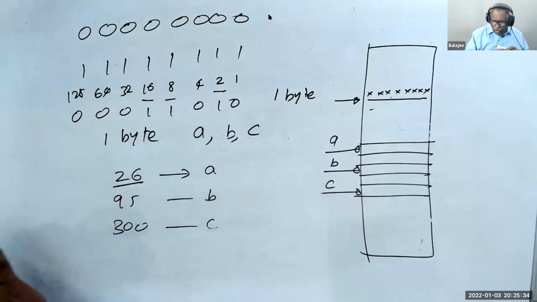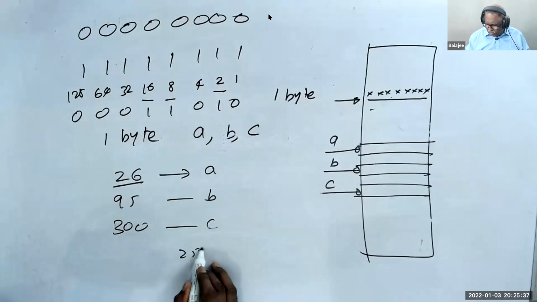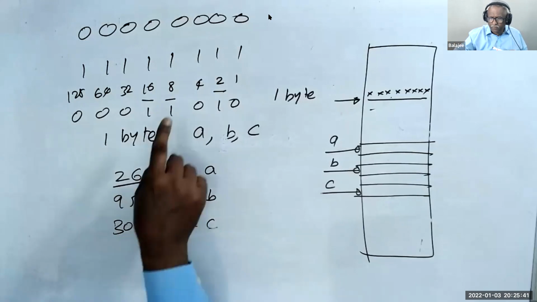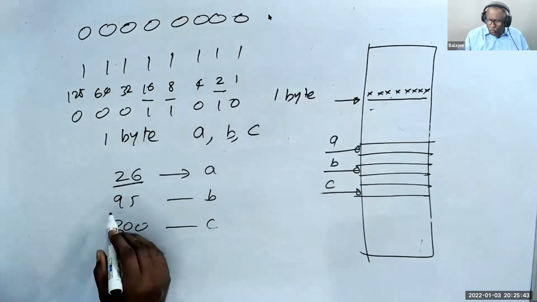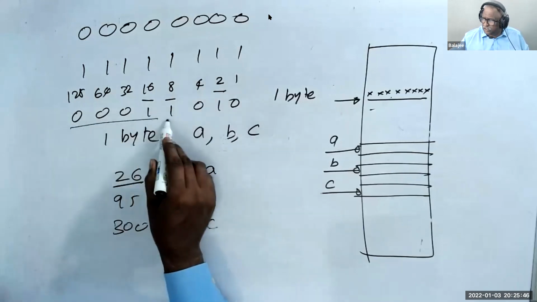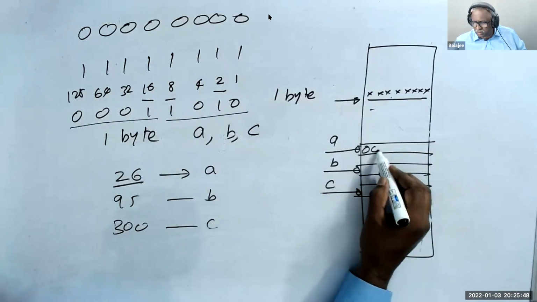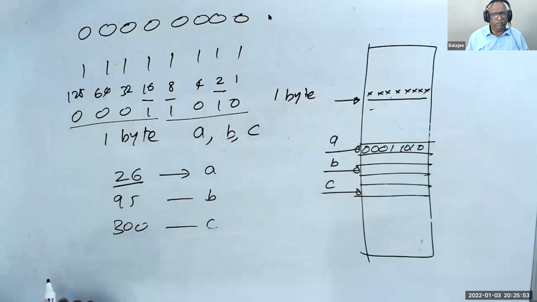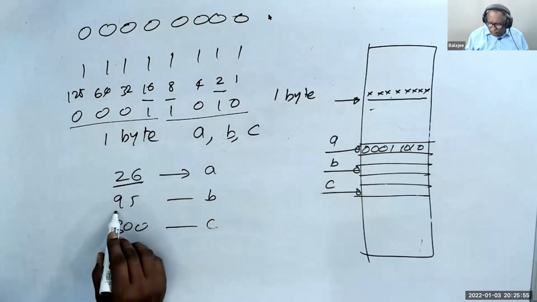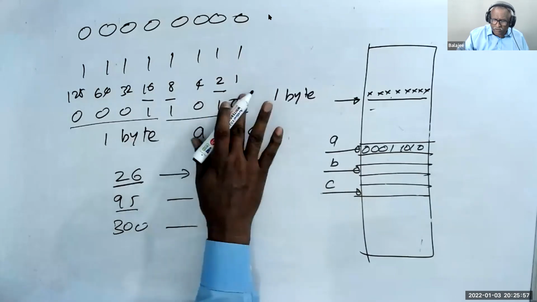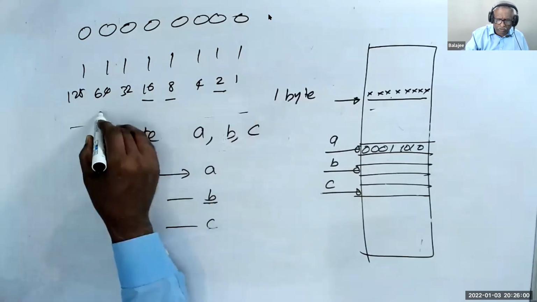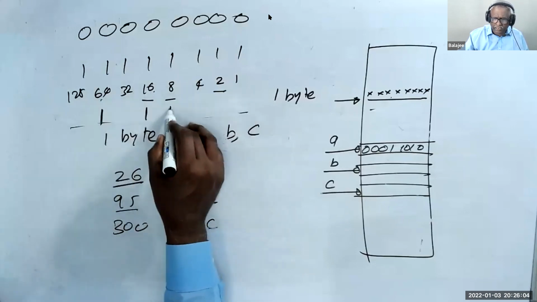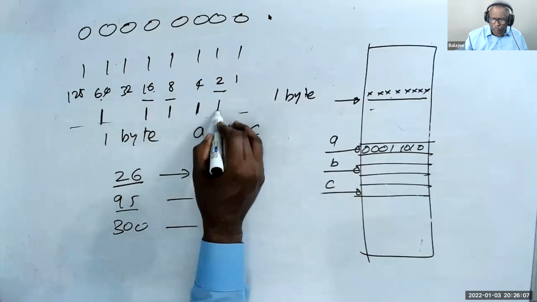There is nothing more. If I say 255, what is the binary? Small numbers, not big numbers. Now you see here, this is 0, 0, 0, 1, 1, 0, 1, 0. Stored. Now do the same thing here, 95 to B. 95 means what? 64 plus 16, 80, 88, 92, 94, 95.